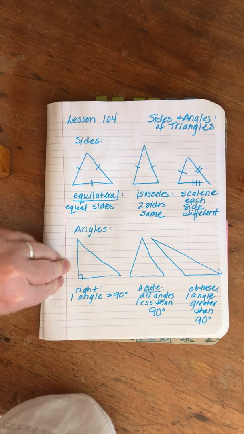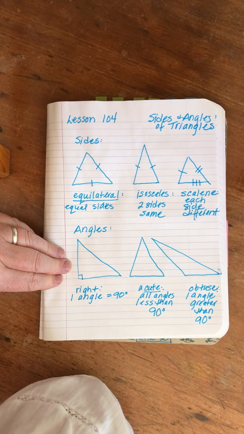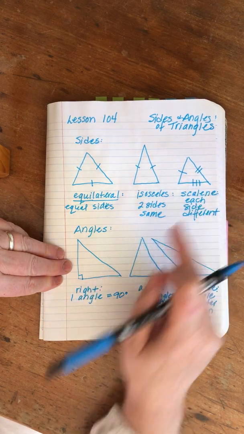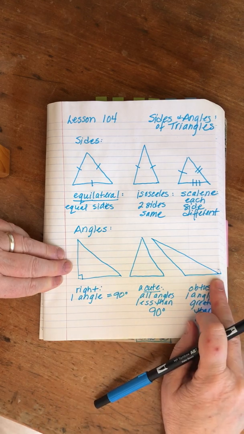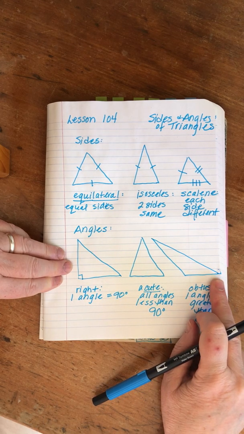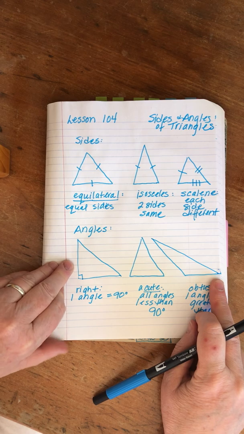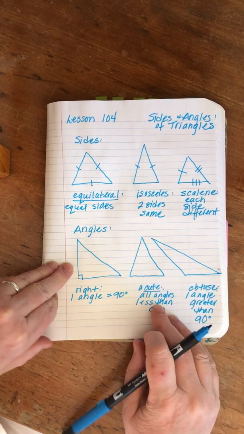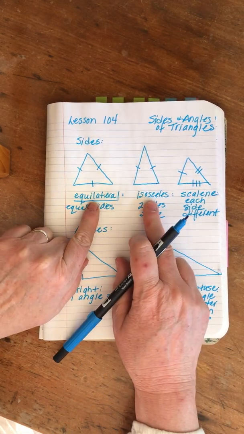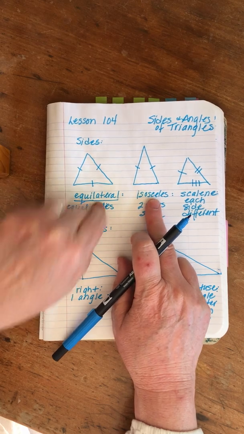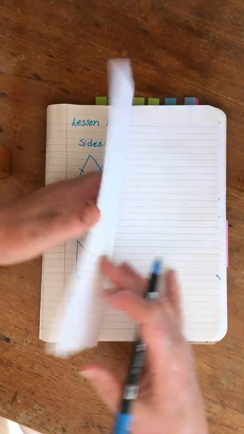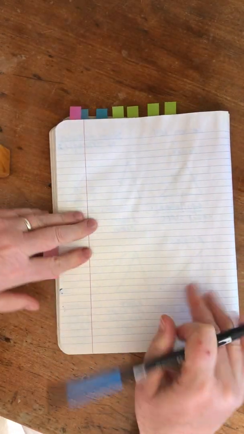So we know that we can classify triangles according to their sides and according to their angles. And for some triangles, there's a special relationship. So I'm going to redraw the equilateral and the isosceles triangles on the next page because they're the ones that have a cool link between their sides and their angles.